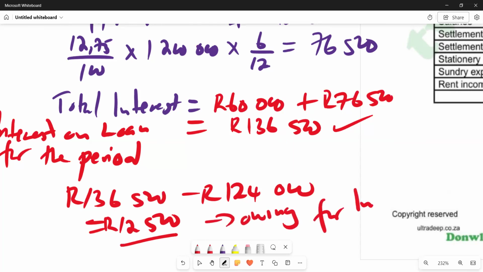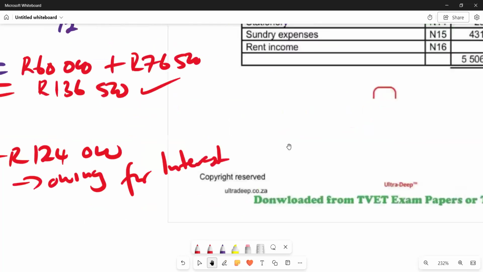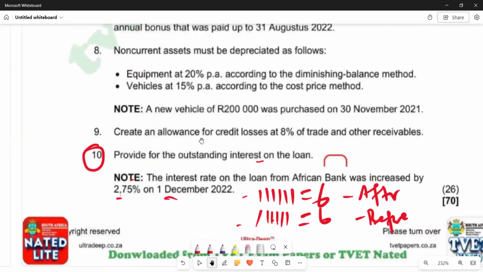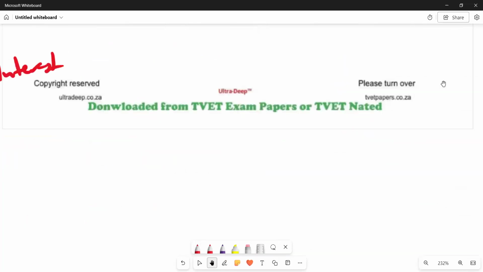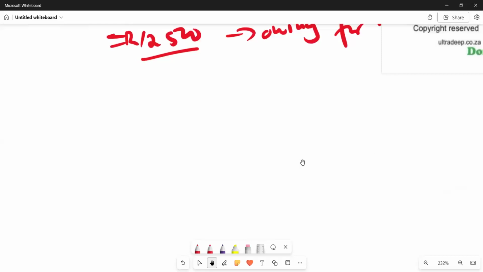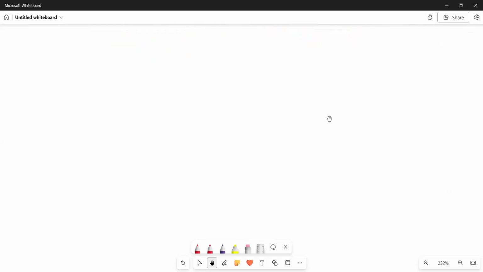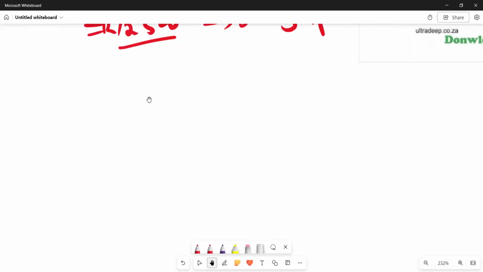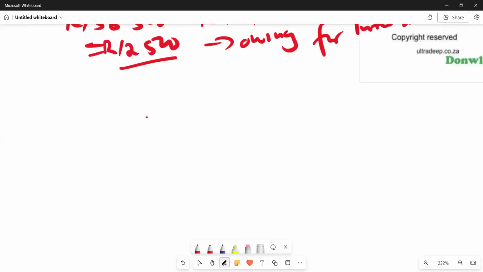So if you go back to our additional information, you'll see that there is a statement relating to this outstanding amount. They're saying provide for the outstanding interest. So in your answer section, when you are saying interest on loan, remember interest on loan is usually charged after our net profit. Remember you'll be having your income statement.